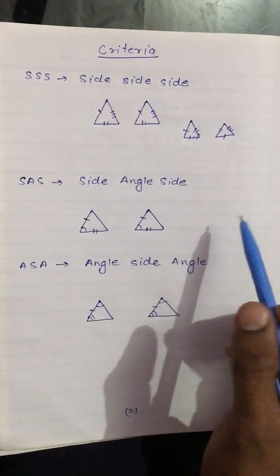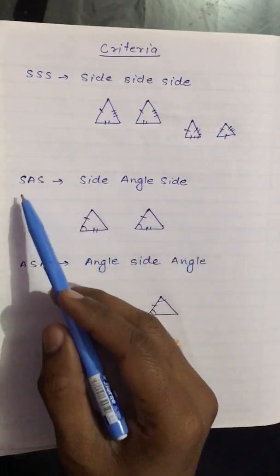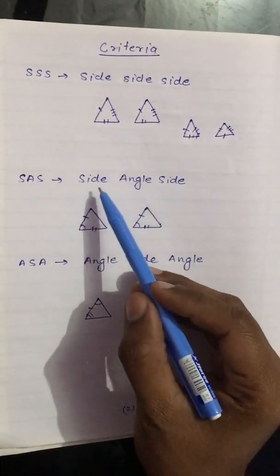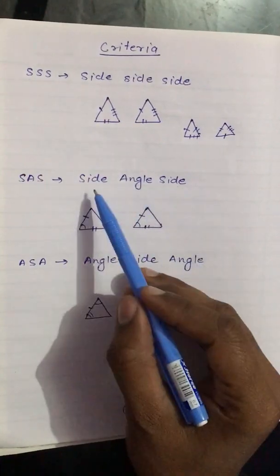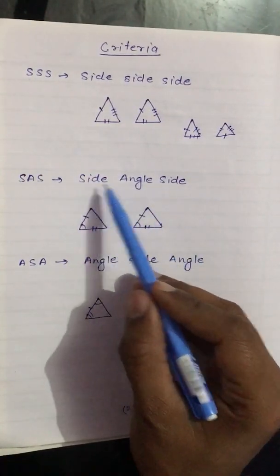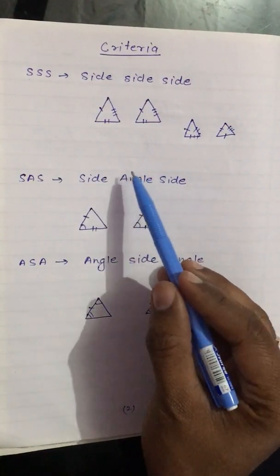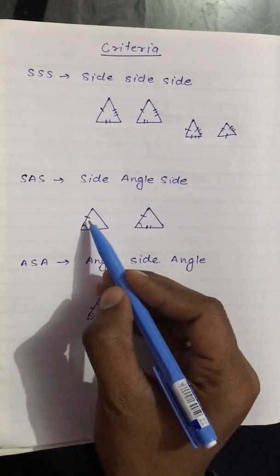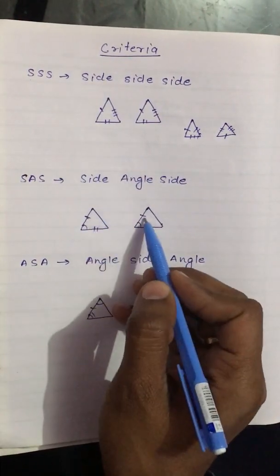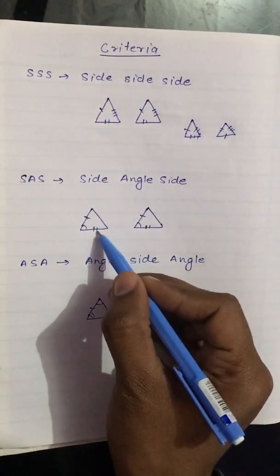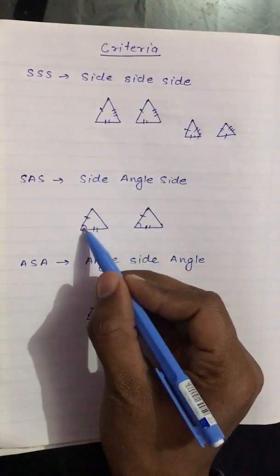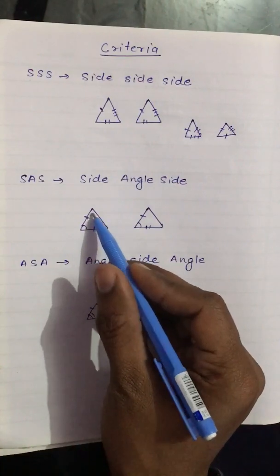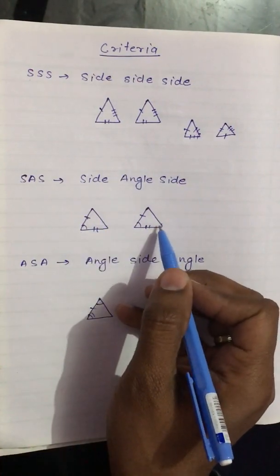The second criteria for congruent triangle is SAS, side angle side. When we see side angle side, it means there are two sides and the angle between the sides. For example, if this side and the corresponding side are equal, and this side and its corresponding side are equal, then the angle needs to be between these two sides. Angle cannot be here.